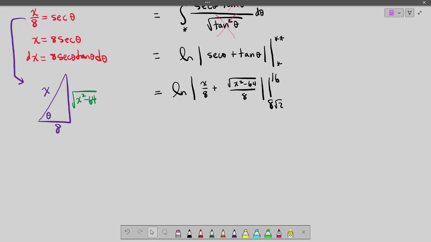So now it's just a matter of plugging these in. Plug in the upper limit of 16. Let's see, 16 over 8 is 2. And then if we plug 16 into that square root, we get 16 squared, which is 256.